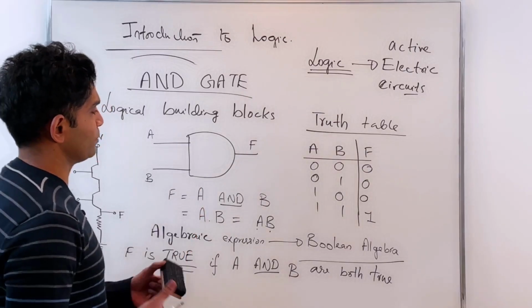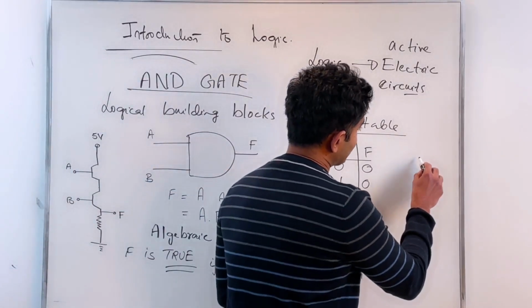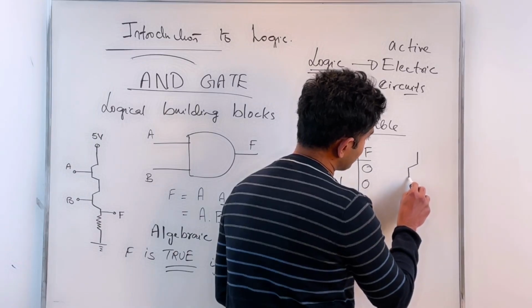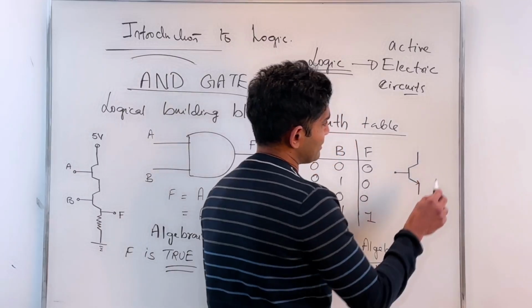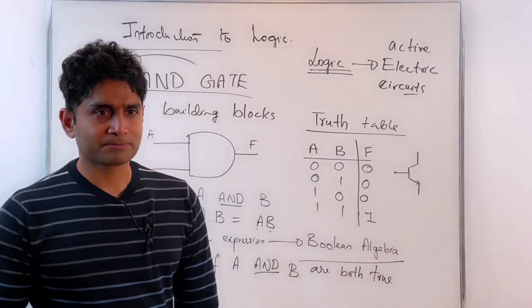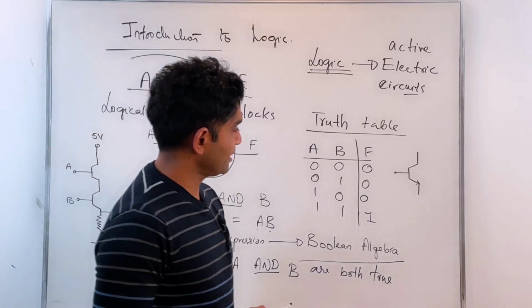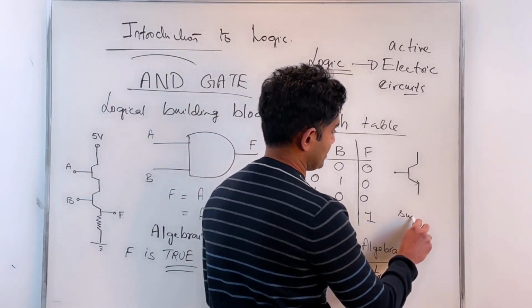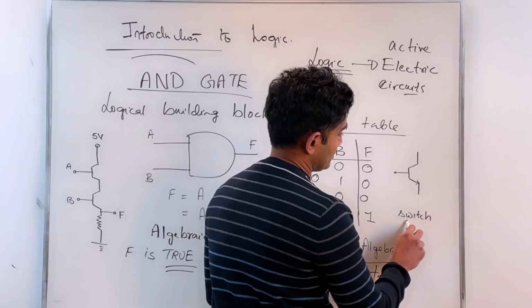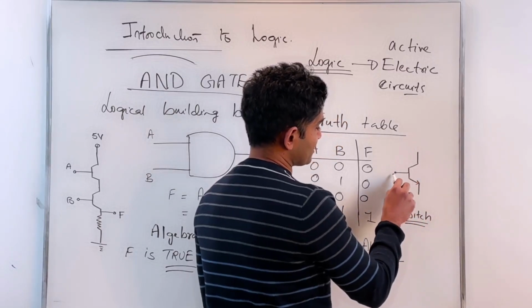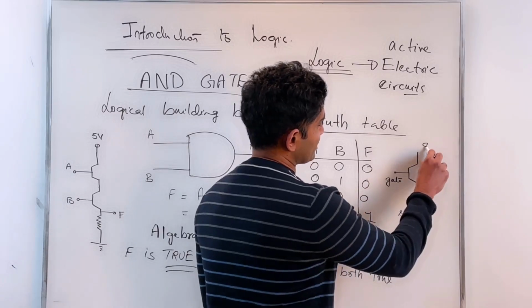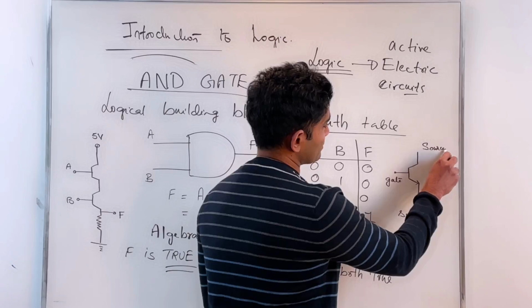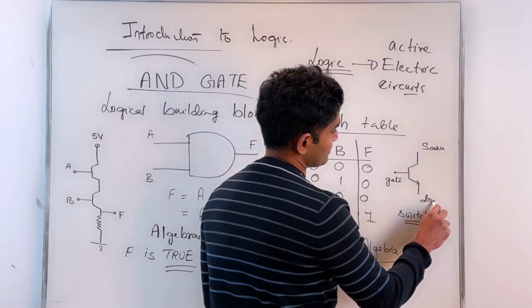In simple terms, as I mentioned in one of the classes, a transistor is nothing but a three terminal device. It's a switch. This is called the gate of the transistor. Let's say this is the source and the drain.